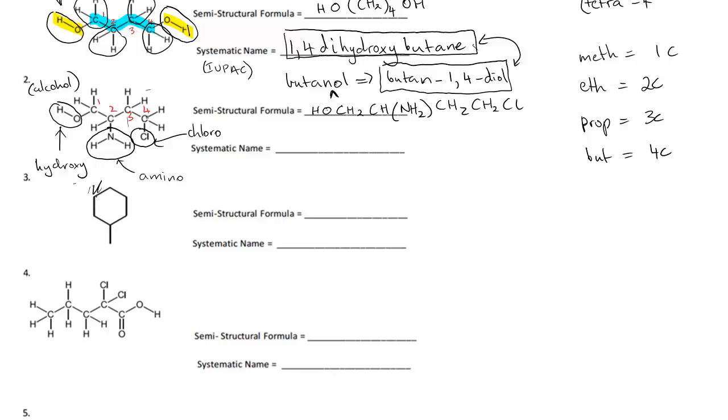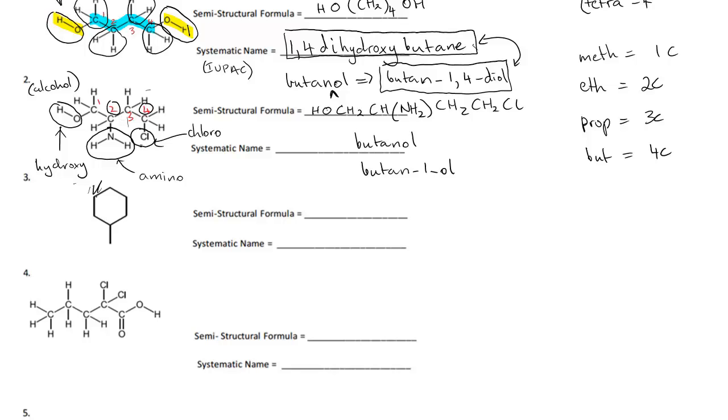So in terms of naming this now, so we know that we have 4, so we have butanol. And of course, to be more accurate, you could say butan-1-ol. And then we also need to give position, this is carbon number 2 with the name amino, and carbon number 4 with the name chloro.